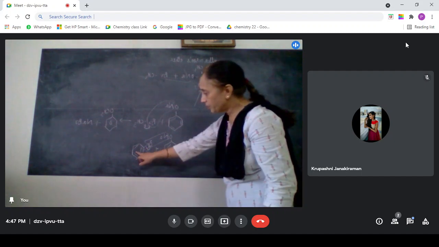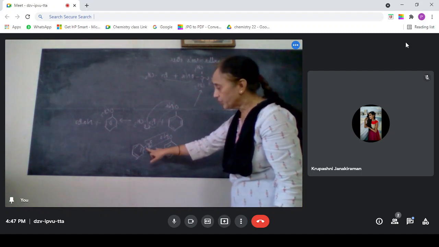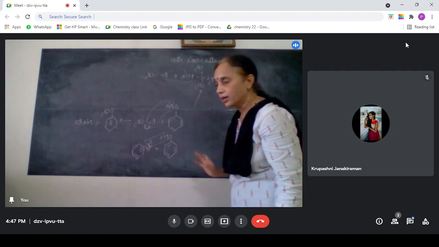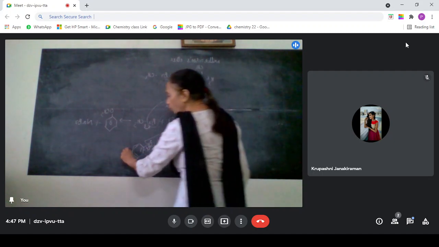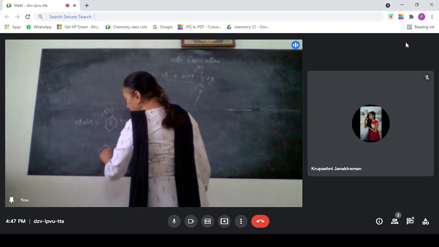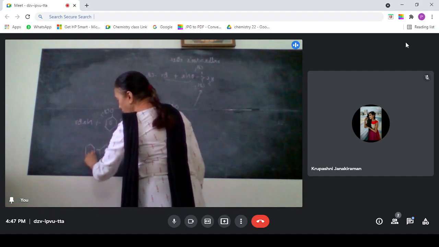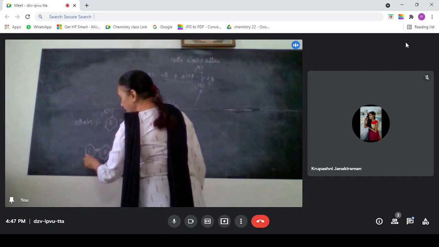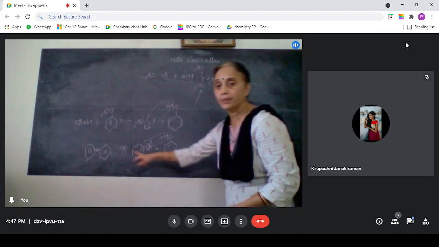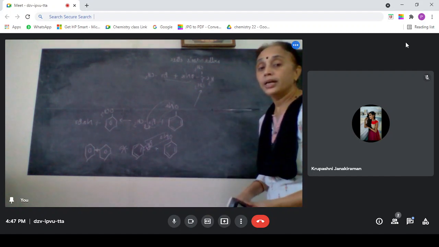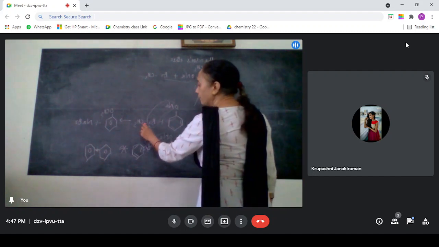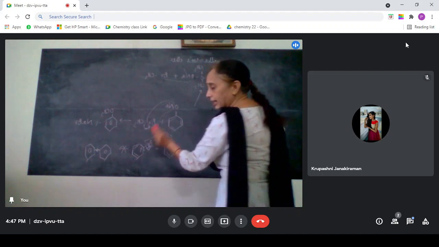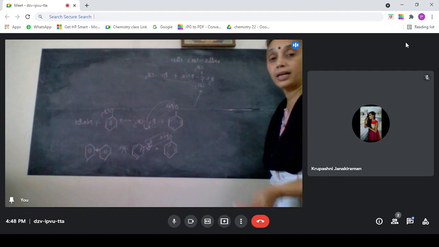Because of the resonance conjugation, this will have a partial double bond character. It is not easier to break this bond. So this method cannot be used to prepare diaryl ethers, because it involves the breaking of the carbon halide bond, which is difficult in aryl halides. That is the second limitation.